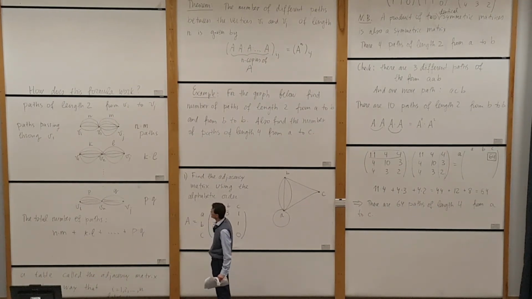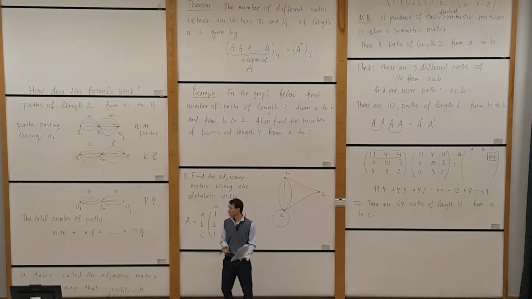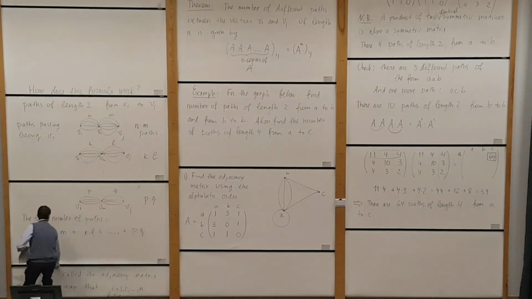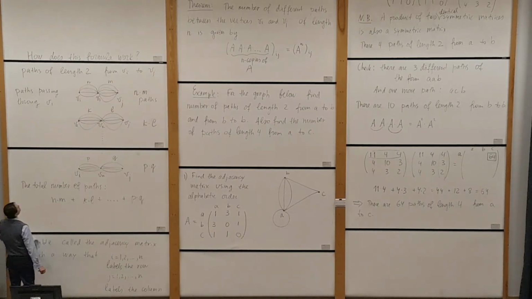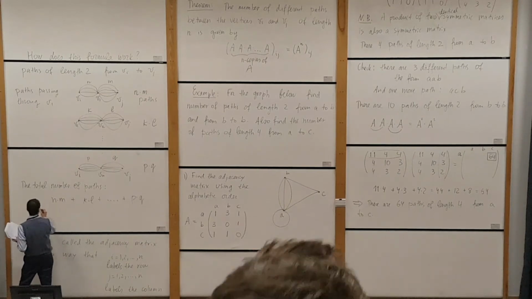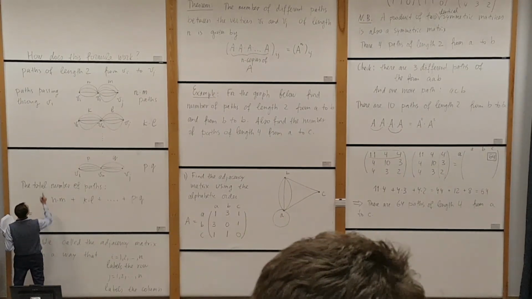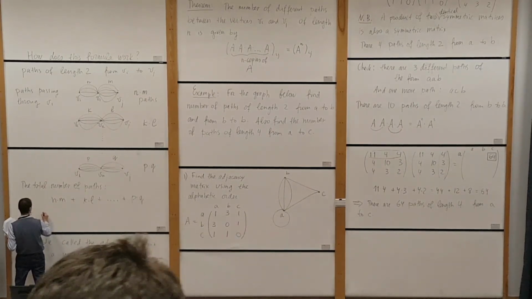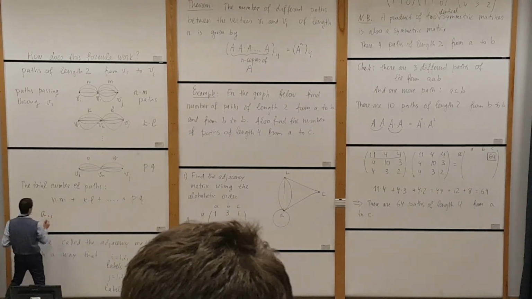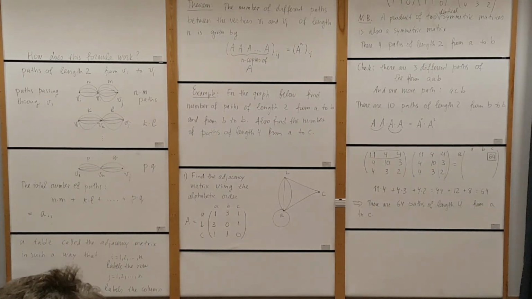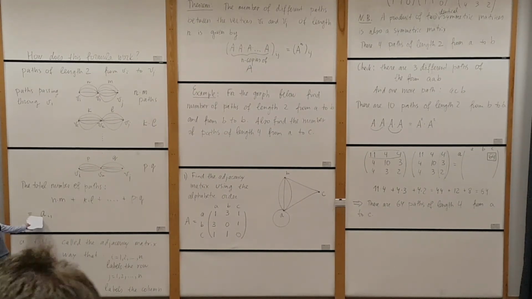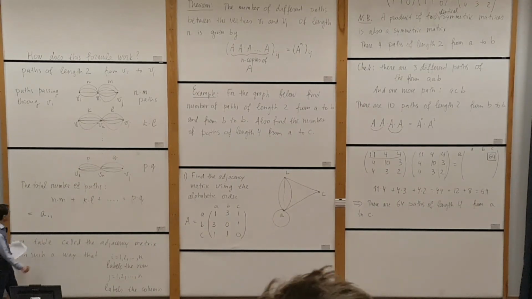Well, so what are all these numbers, n, m, k, l, p, q? They actually all sit in the adjacency matrix. Because the adjacency matrix tells you how many edges you have between two given vertices. So for n, I should take a_i1, right? That's my n, because a_i1 counts the number of edges between v_i and v1, okay?